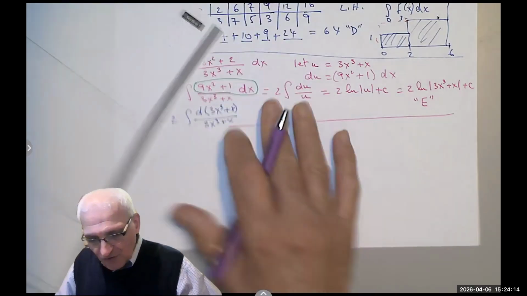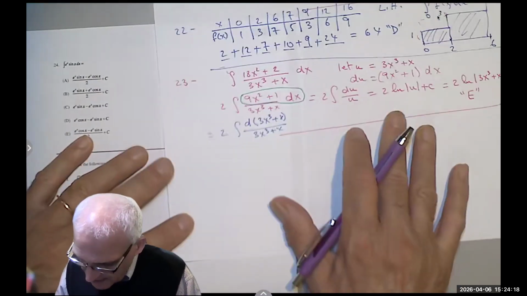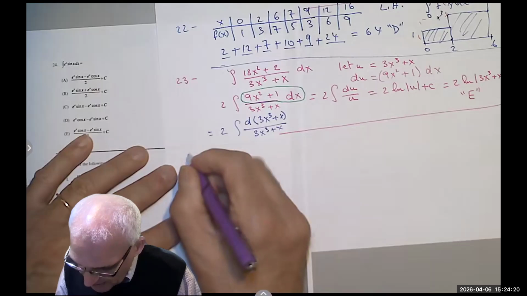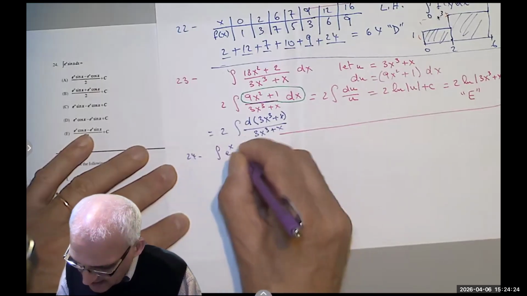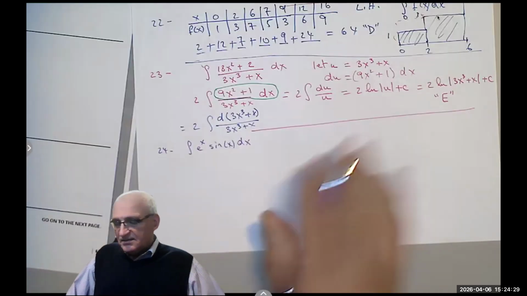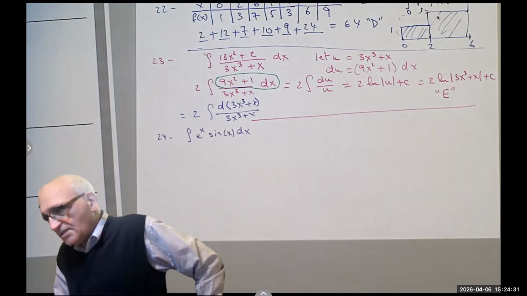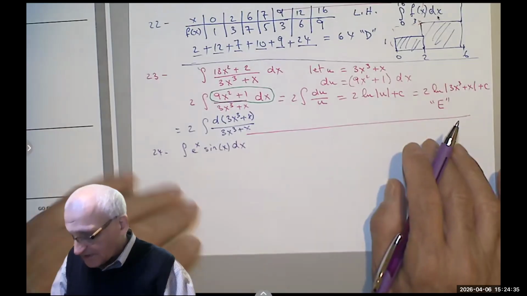Okay, let's move to number 24. Number 24, you want to integrate e to the x sine of x dx. And I covered integration by parts, had a whole session on that.